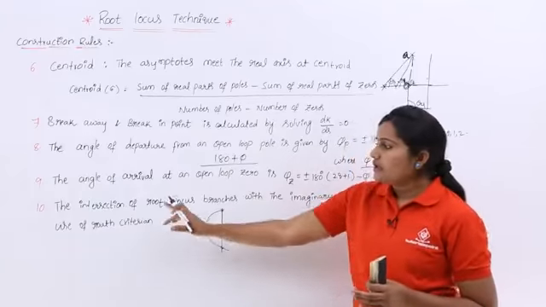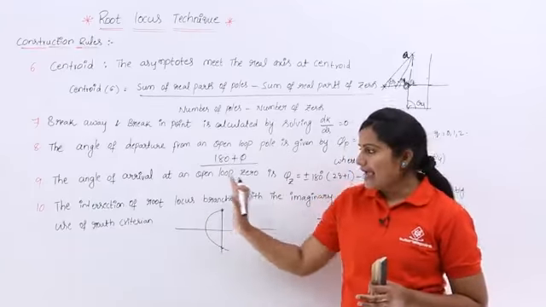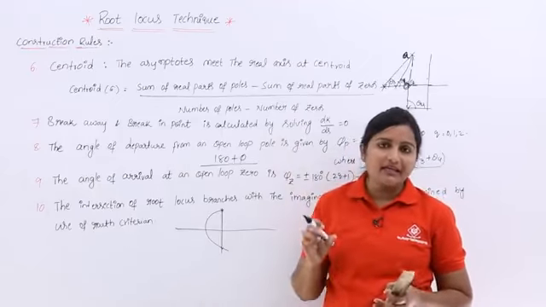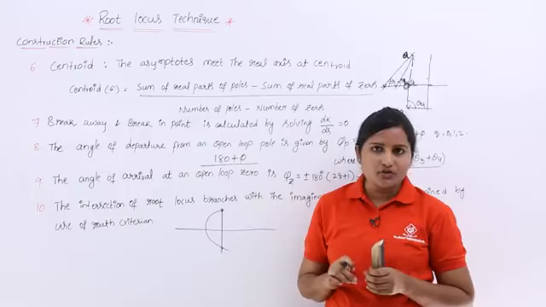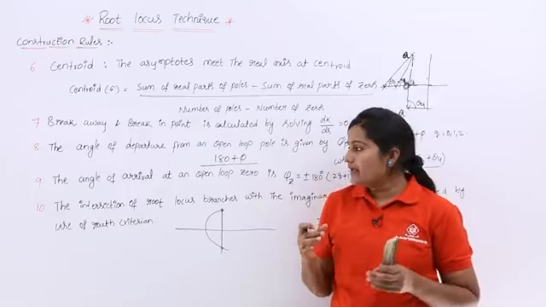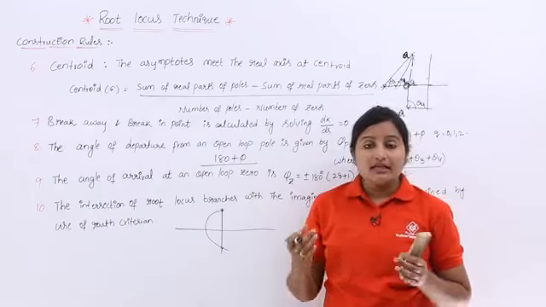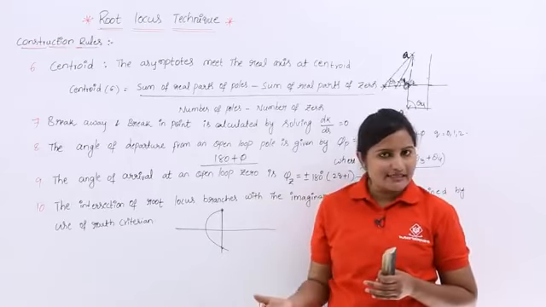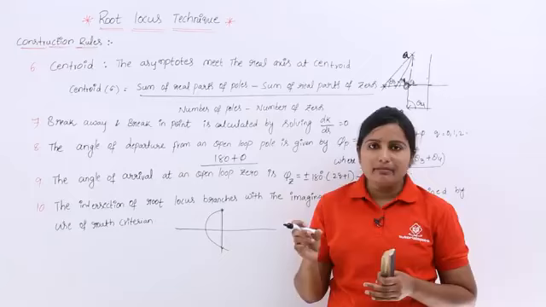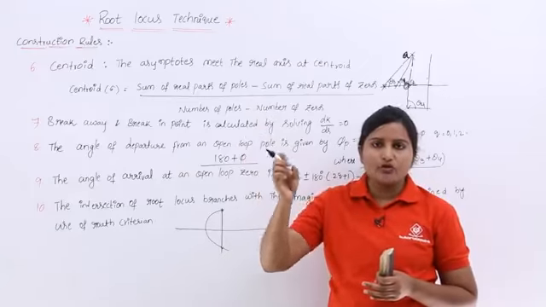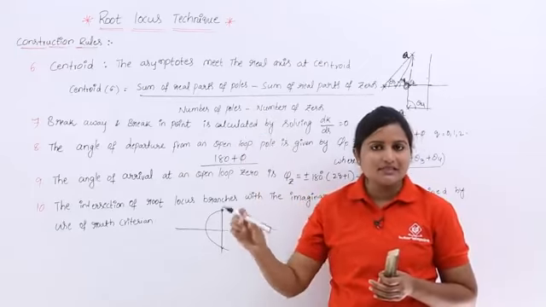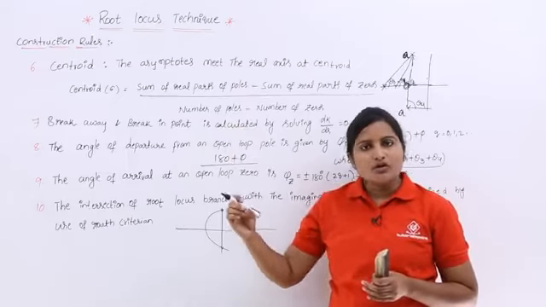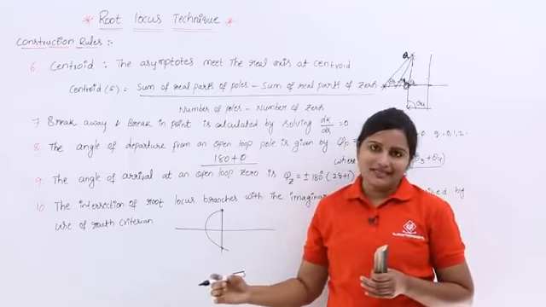Similarly, if you are having any imaginary open loop 0, here the angle of arrival will be there. The angle of arrival is equivalent to 180 minus phi, again where phi is the angle made by that open loop 0 with the zeros on the real axis minus the angle made by that open loop 0 with the poles on the real axis.